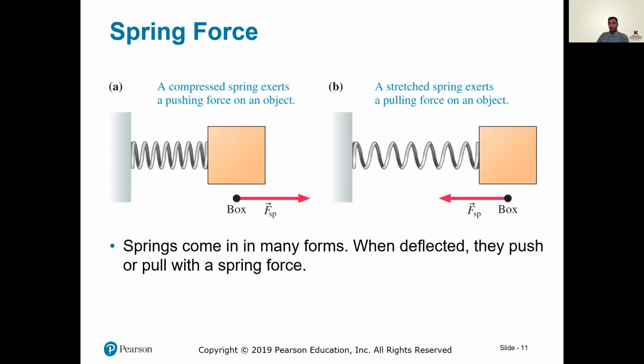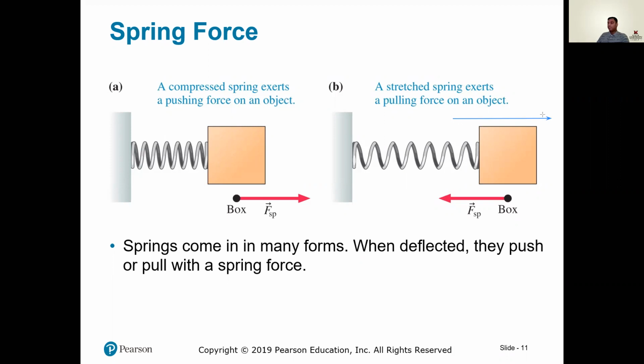Spring force, as I already said, is from left to right when you are compressing. When you are stretching, you could also pull the object from left to right, and that would be done by yourself, your hand being the agent for that.